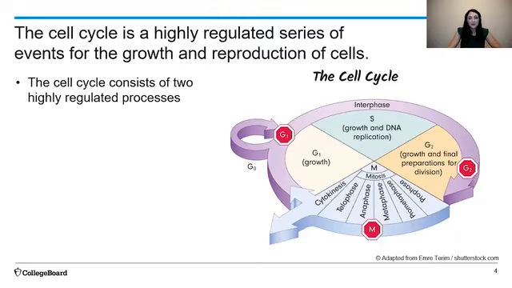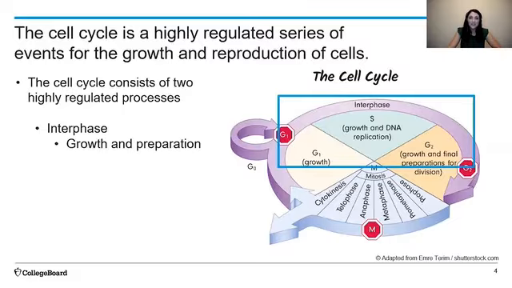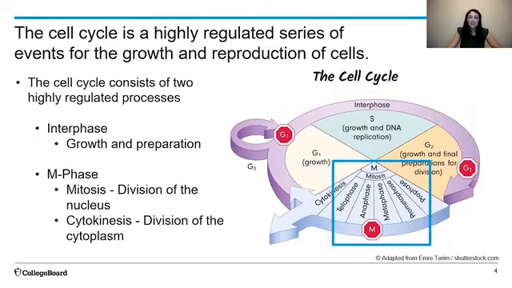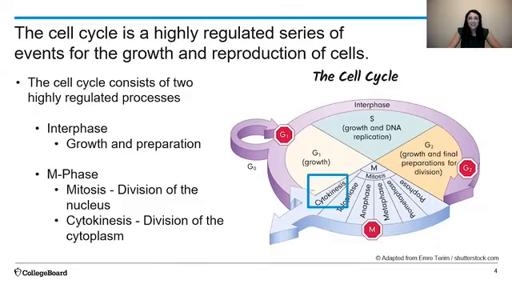And it consists of two highly regulated processes, the first of which is interphase, where the cell is going through processes of growth and preparation in order for cell division. After that is M phase, which consists of mitosis, which is the division of the nucleus, and cytokinesis, which is the division of the cytoplasm.